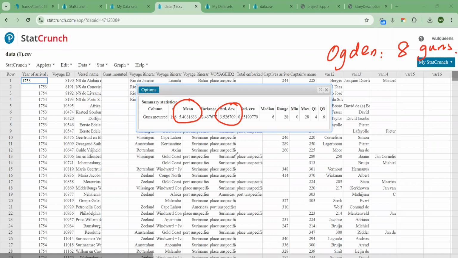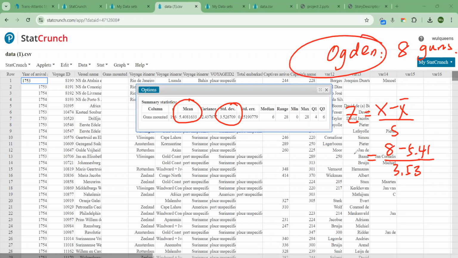So we'll just go ahead and do z equals x minus x bar divided by s. So we have 8 minus 5.4 divided by the standard deviation 3.5253, and calculate the z-score for Ogden and describe whether it's above the mean or below the mean.